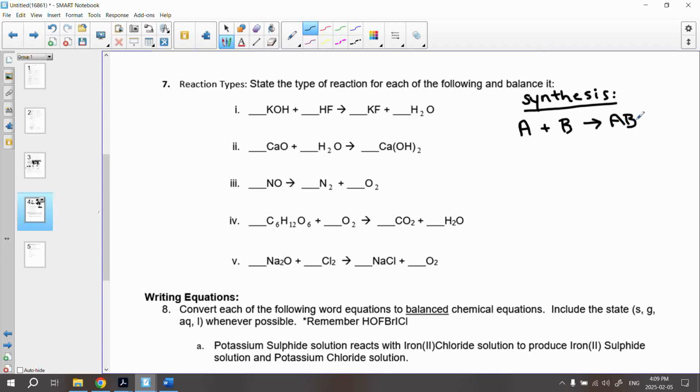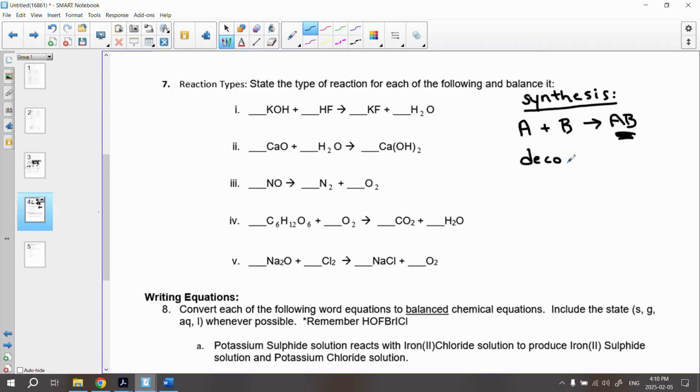A synthesis reaction is fairly easy to identify because it's the only reaction that has only one product. So as soon as you see a reaction where there's only one product on the right-hand side, you can be pretty sure it's a synthesis reaction.